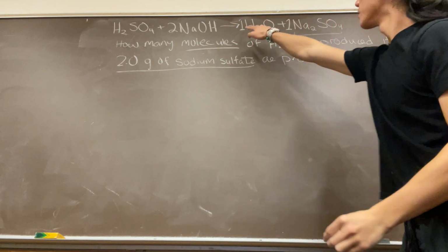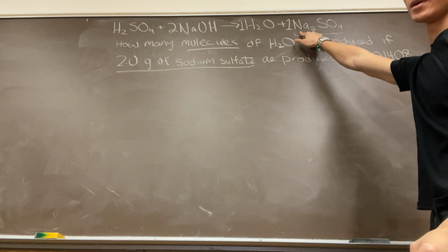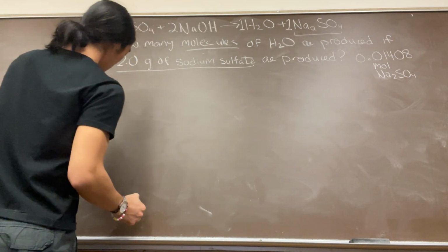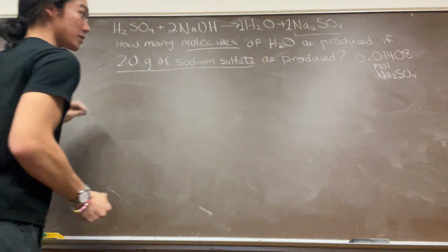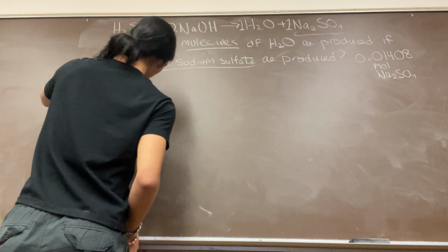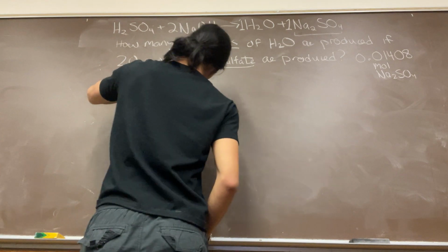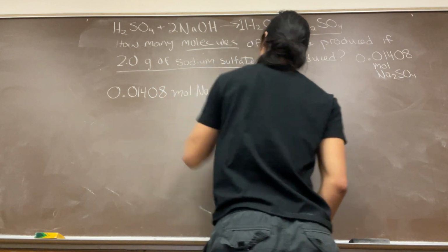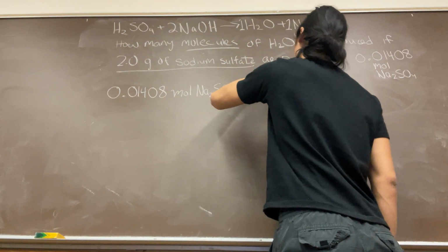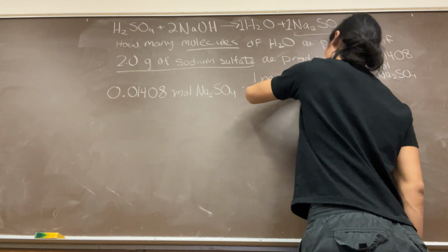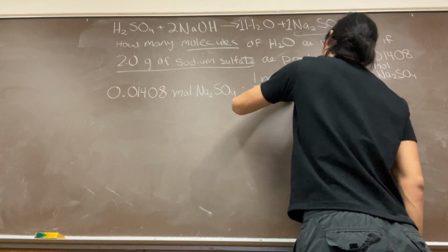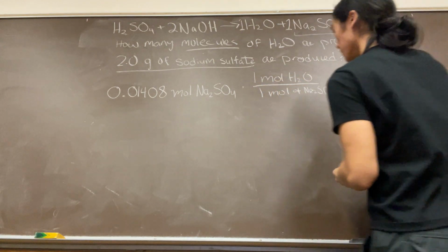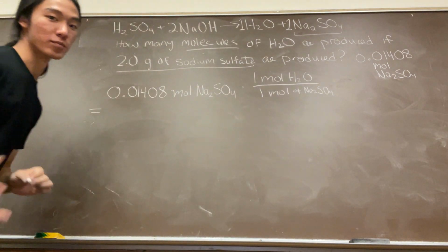You make 1 water for every 1 sodium sulfate you make. So they have a 1-to-1 ratio in their product in moles, which means 1 mole of water is produced for every single 1 mole of Na2SO4 that you produce.